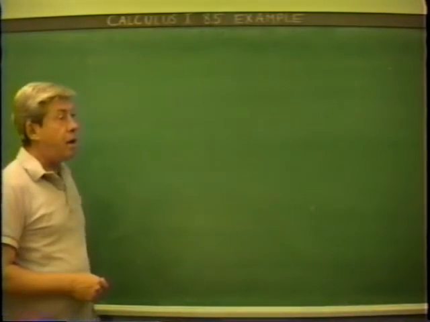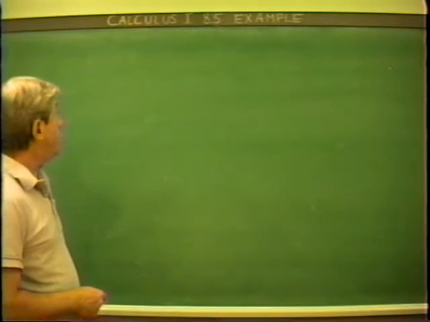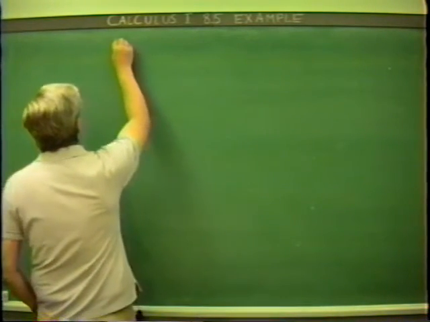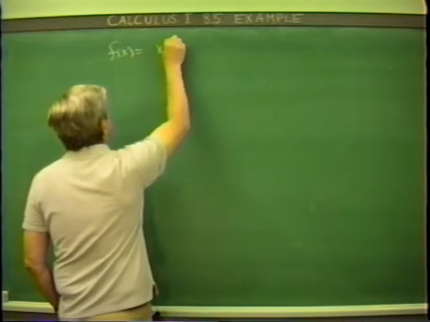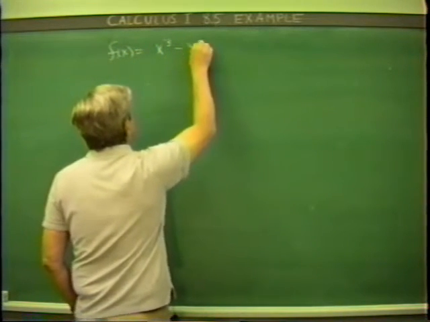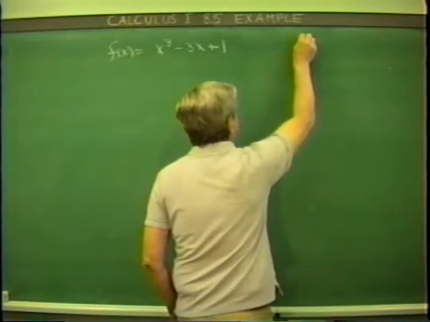All right, we want to look now at a relatively simple example. It involves finding the places where a function is increasing or decreasing, those intervals. And for this purpose, let's look at the function f of x equals x cubed minus 3x plus 1.